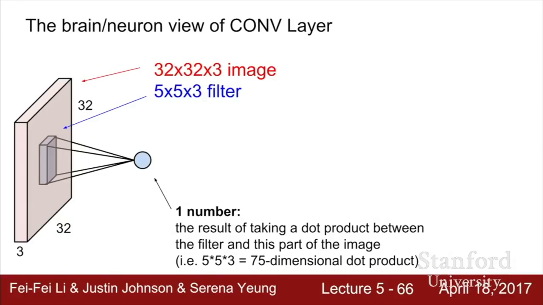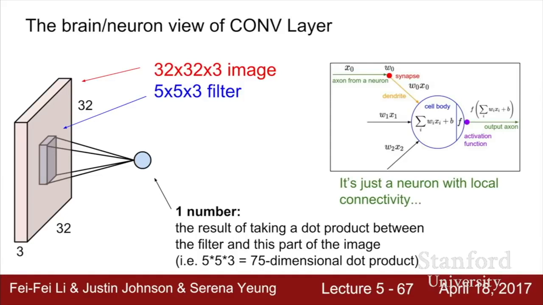Okay, so now if we look a little bit at the brain neuron view of a convolutional layer, similar to what we looked at for the neurons in the last lecture. At every spatial location, we take a dot product between a filter and a specific part of the image, and we get one number out. This is the same idea of doing these dot products, taking your input, weighting it by these W's, the values of your filter, these weights that are the synapses, and getting a value out.